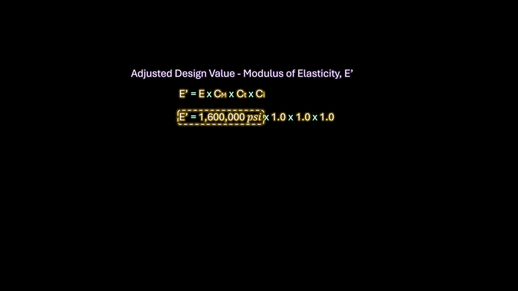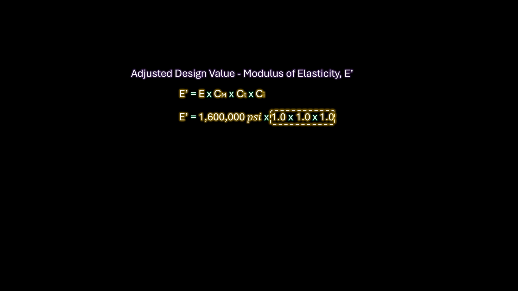According to Table 4.3.1 of the NDS, the adjusted design value for the modulus of elasticity is the product of the reference design value for the modulus of elasticity and the wet service factor, the temperature factor and the incising factor. We had previously determined that the reference design value for the modulus of elasticity for grade number 2 Douglas fir larch lumber is 1,600,000 pounds per square inch.